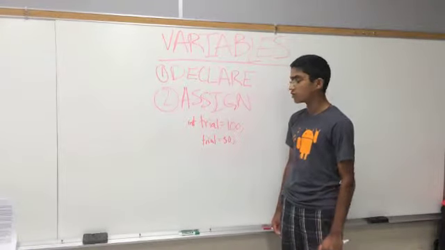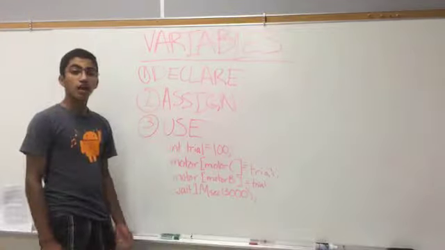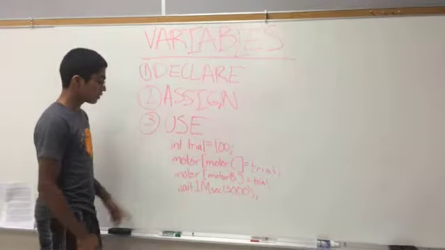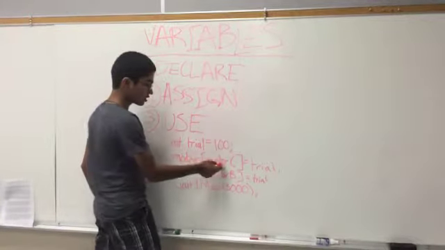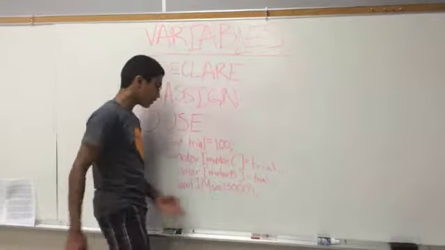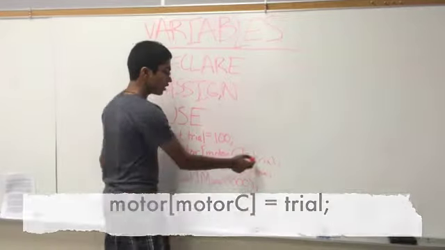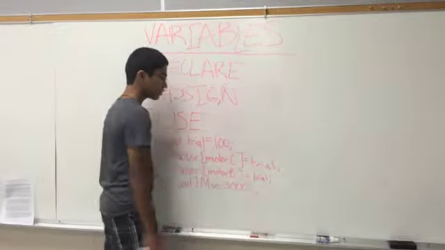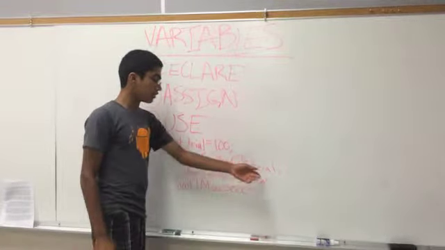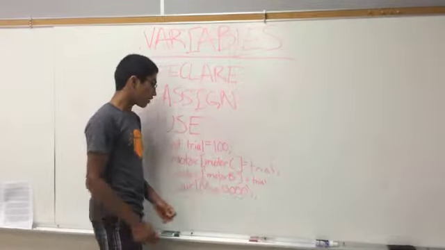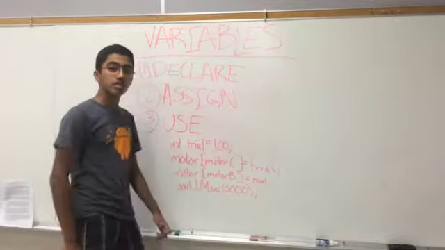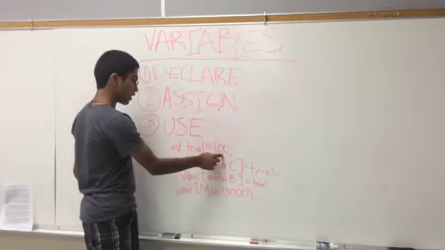Now we go on to the use stage. Now, how to use a variable. Well, suppose we wanted to say motor C is equal to a certain value and motor B is equal to the same value. We could write trial in place of those, and now since trial is the value at which motor C and motor B is moving, we can control both of those values right here.